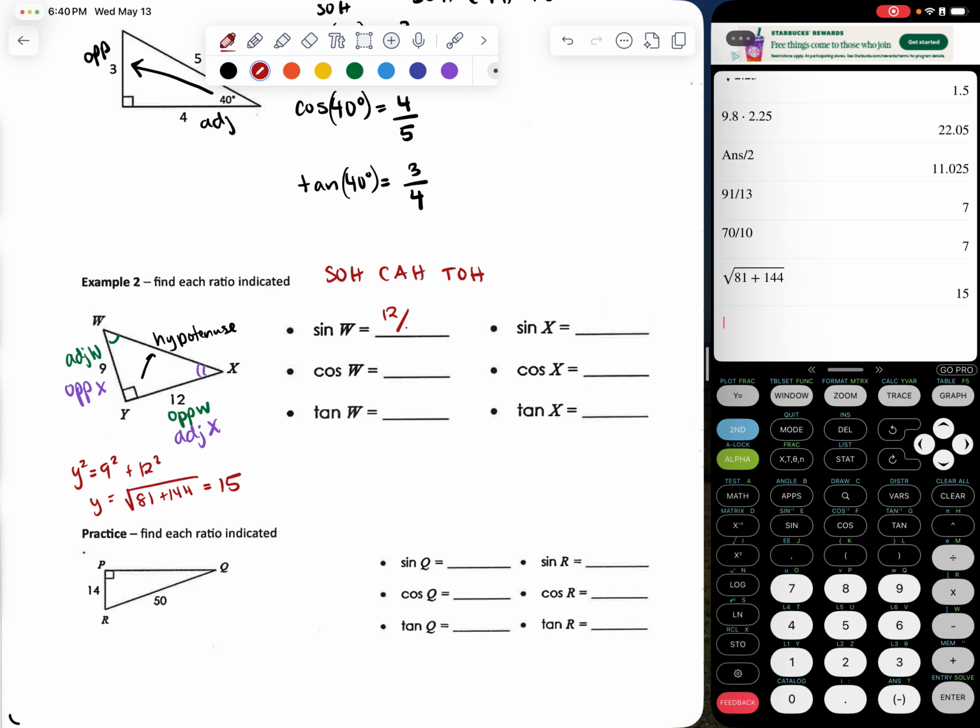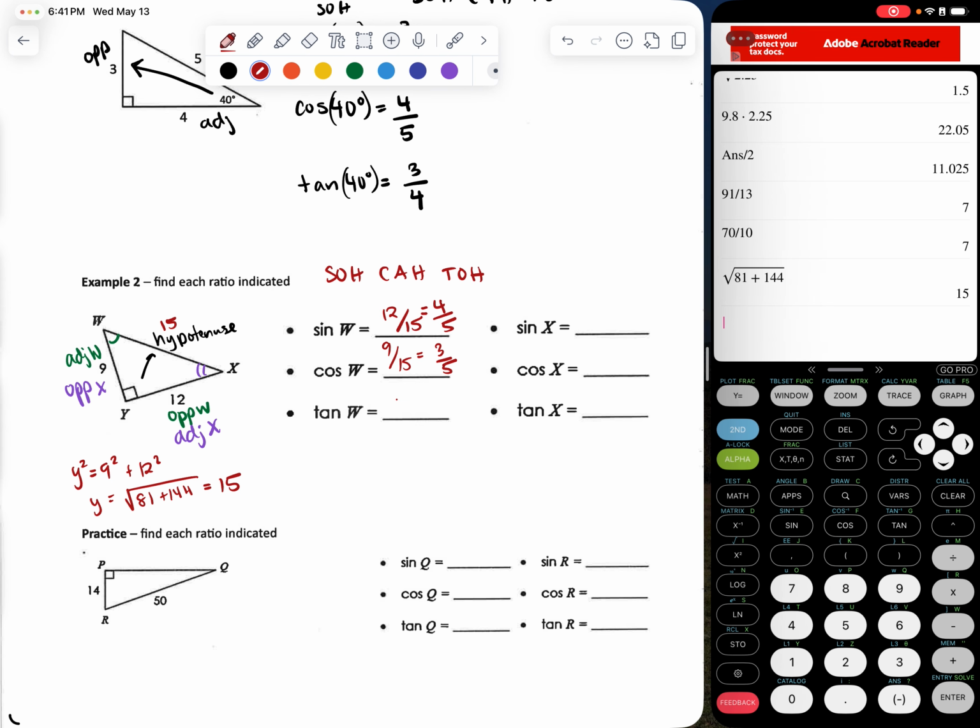So 12 over 15 is also going to simplify because 12 and 15 are both divisible by 3. That is 4/5. Cosine is the adjacent of W, which is 9, over the hypotenuse. Both of those are divisible by 3, so we'll divide by 3, which is 3/5.